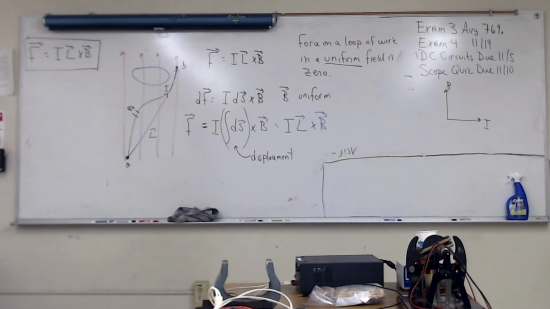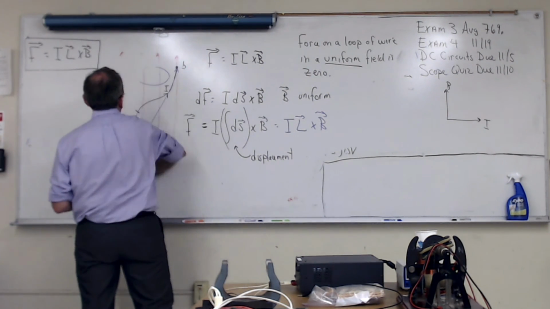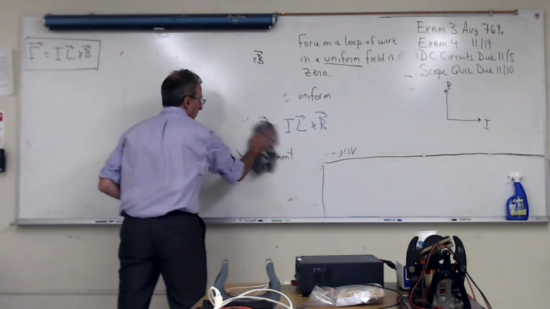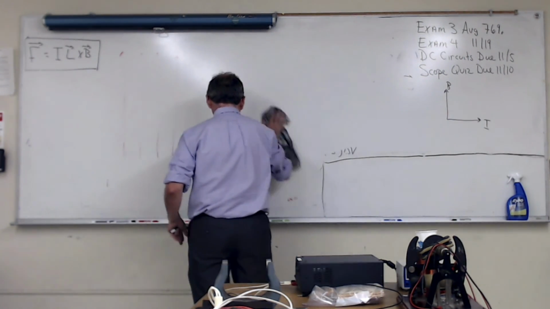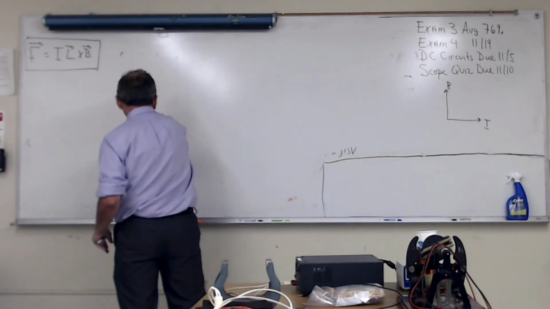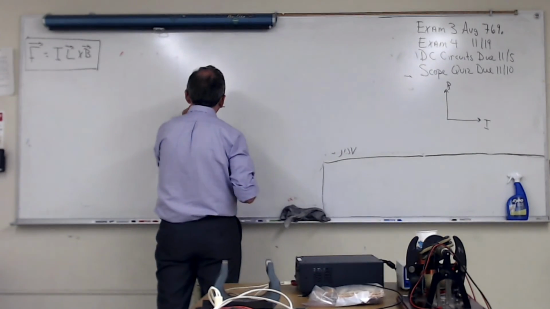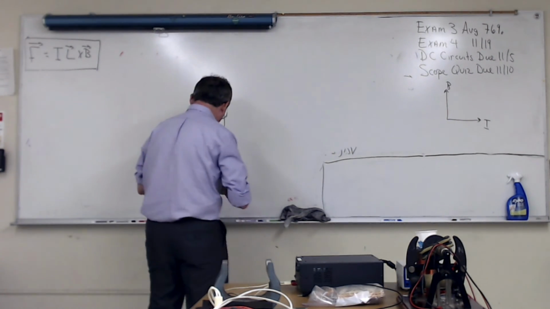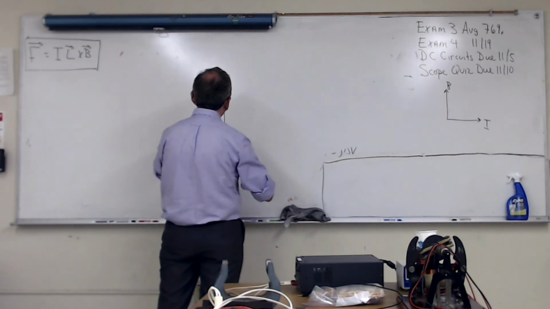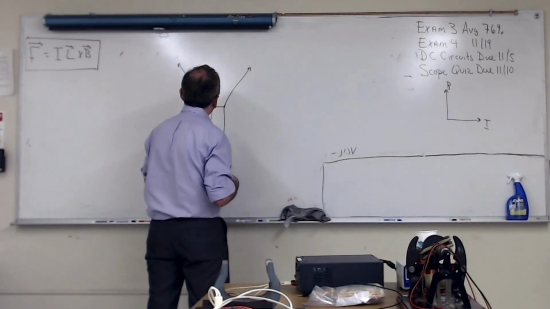Well, what if the field is not uniform? Let me give you a quick example, and then we'll break for lunch. Suppose I have a bar magnet. Bar magnets produce non-uniform fields. The magnetic field kind of does this all the way around it.